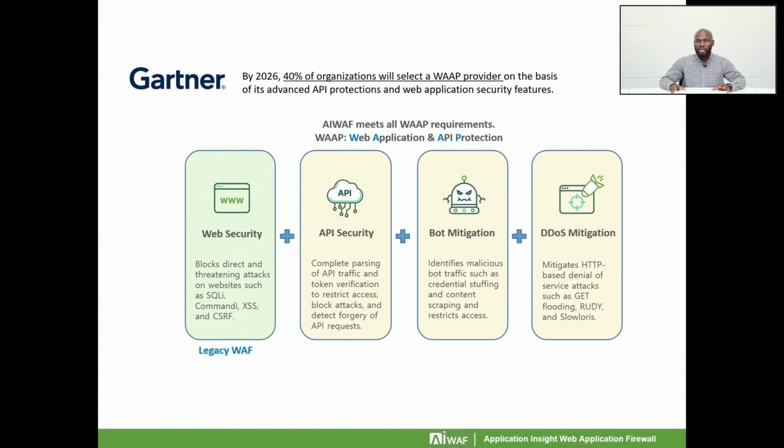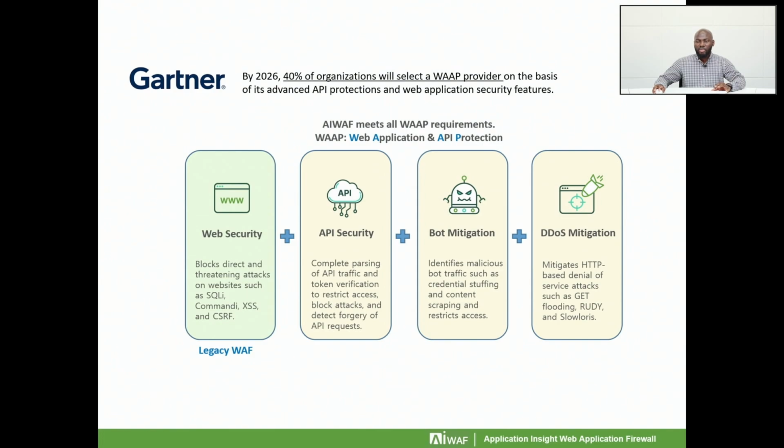Well, the days of predefined rules for signature-based, pattern-based detections aren't over, but they are not adequate in today's rapidly changing cyberspace. The legacy WAF relies on predefined rules to detect and block attacks like SQL injection, cross-site scripting, etc., which are not effective against API, bot, and DDoS attacks.